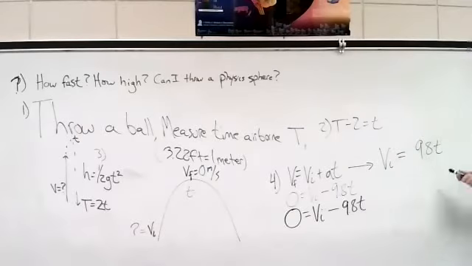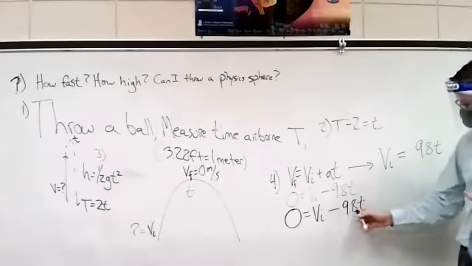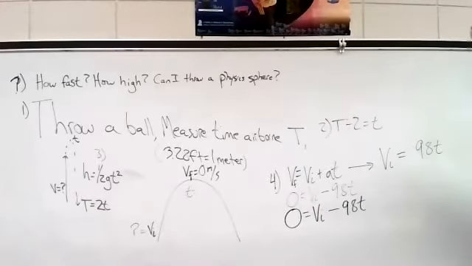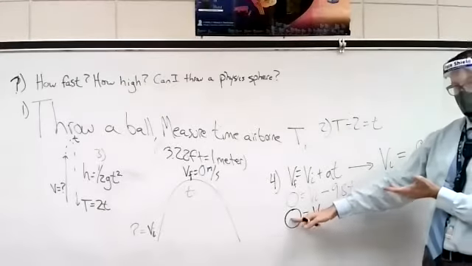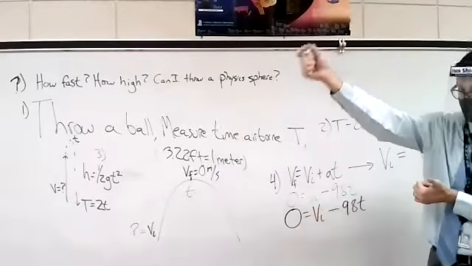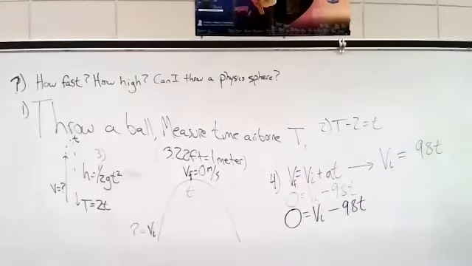And the reason why that works is because, you know, that's the negative of our positive velocity, because we know at the top of its flight, gravity slowed it down to zero. I don't think anybody's going to throw the ball with such velocity that it goes in orbit. All right, it's going to come to a stop for a moment and then come right back on down. And so that's how you can determine your initial velocity.